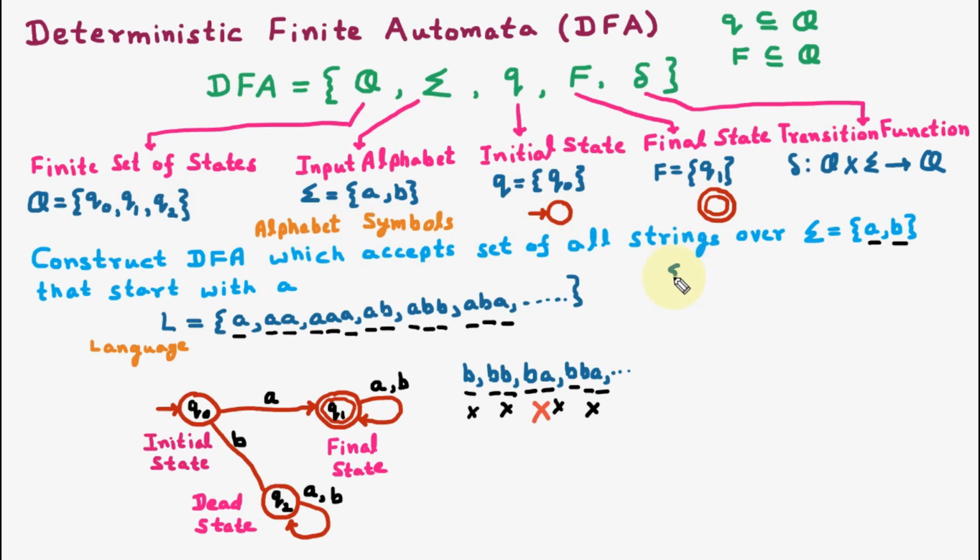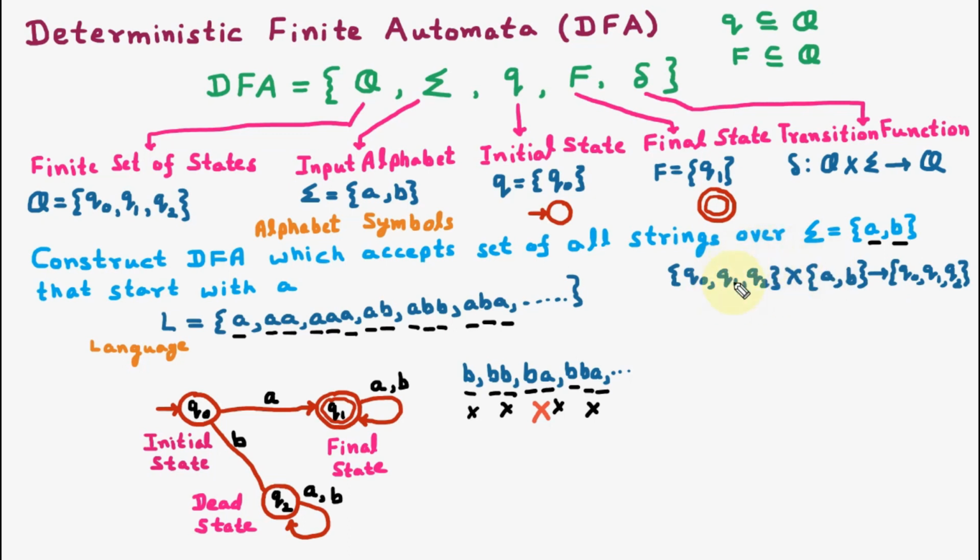So here I am taking the set of all states, which is Q0, Q1 and Q2, and cross with sigma, and we know that sigma is A comma B, and that will give us again Q. That means again it is Q0, Q1 and Q2.